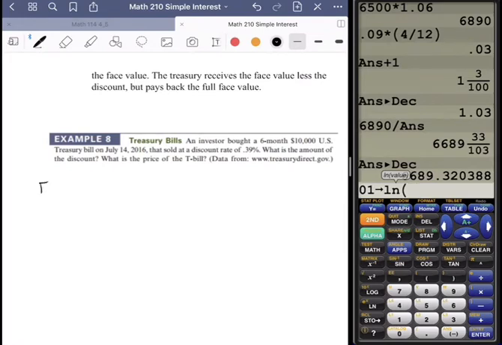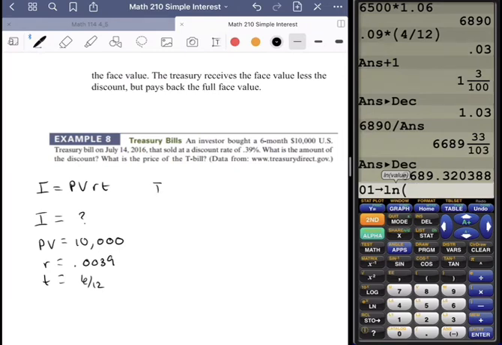Okay, so I have interest equals present value, rate, times time, because we're only looking for interest. Interest for this one, we have no idea. That's what we're looking for. My present value, or how much was invested, is $10,000 at a rate of 0.0039 for a time of 6 months. So it's 6 over 12.